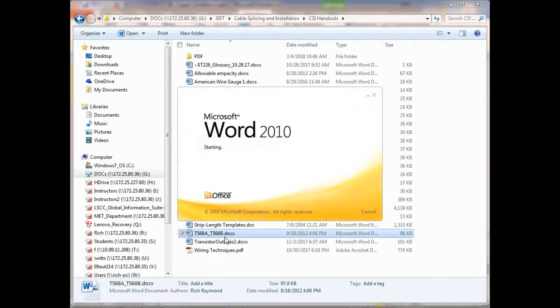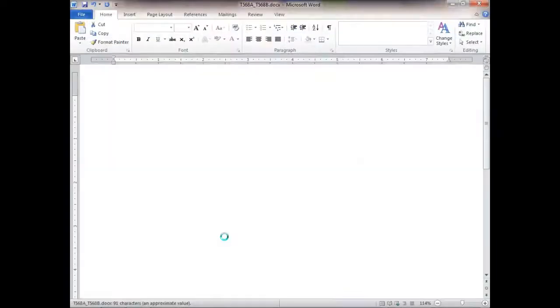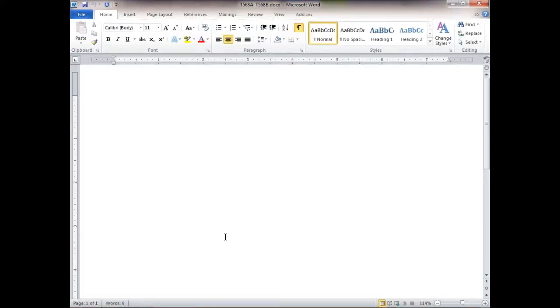So these Cat5, these network cables have a standard color code. We have a solid wire twisted with the same color with white. So we have an orange-white pair, we have a blue-white pair, we have a green-white pair, and we have a brown-white pair.